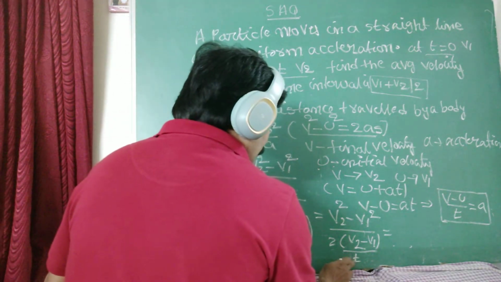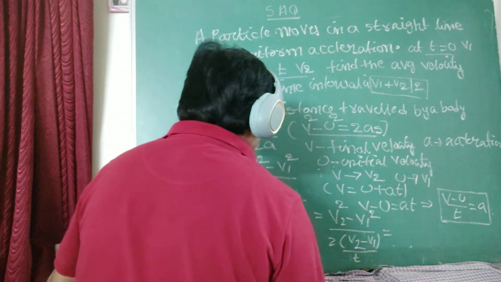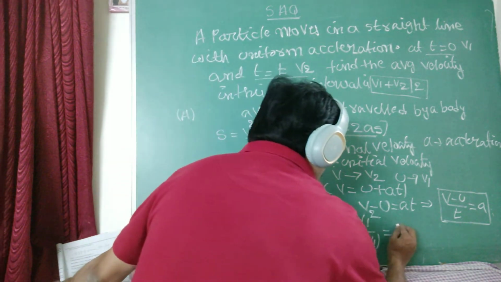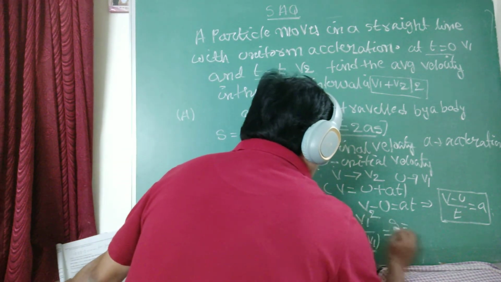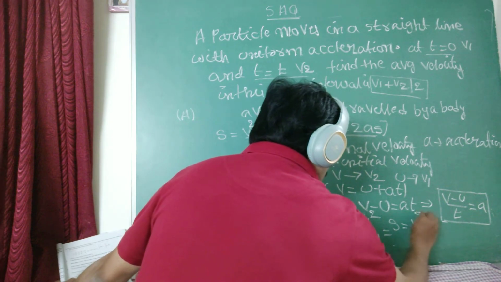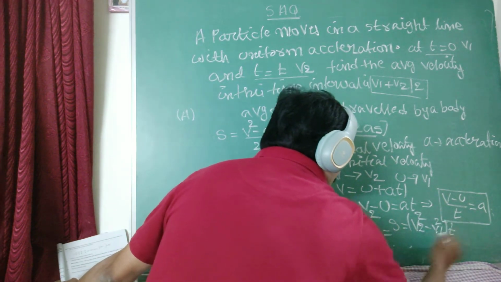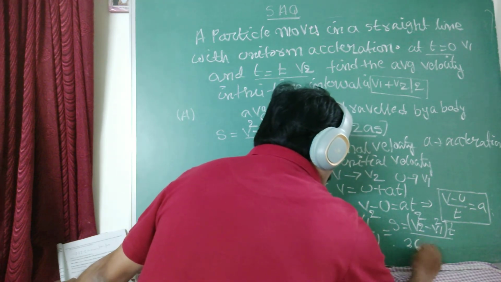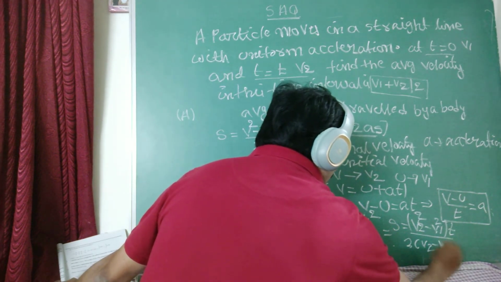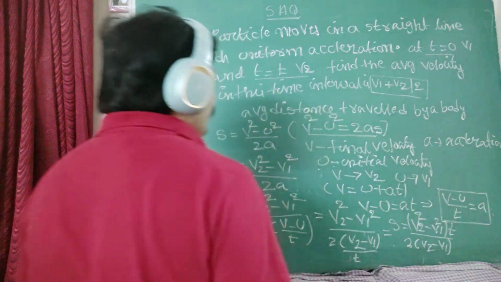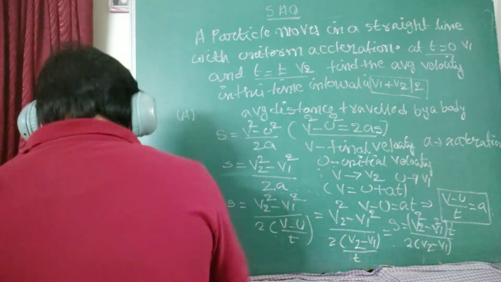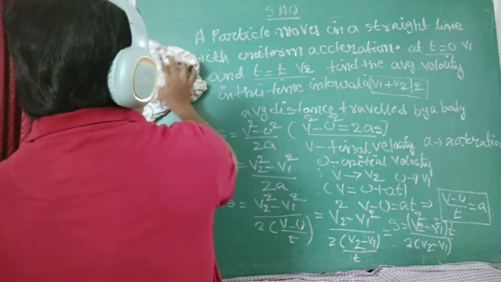Now move this t value to the numerator. Simple mathematical steps I am using here. Now s equals v2 square minus v1 square into t divided by 2 into v2 minus v1.